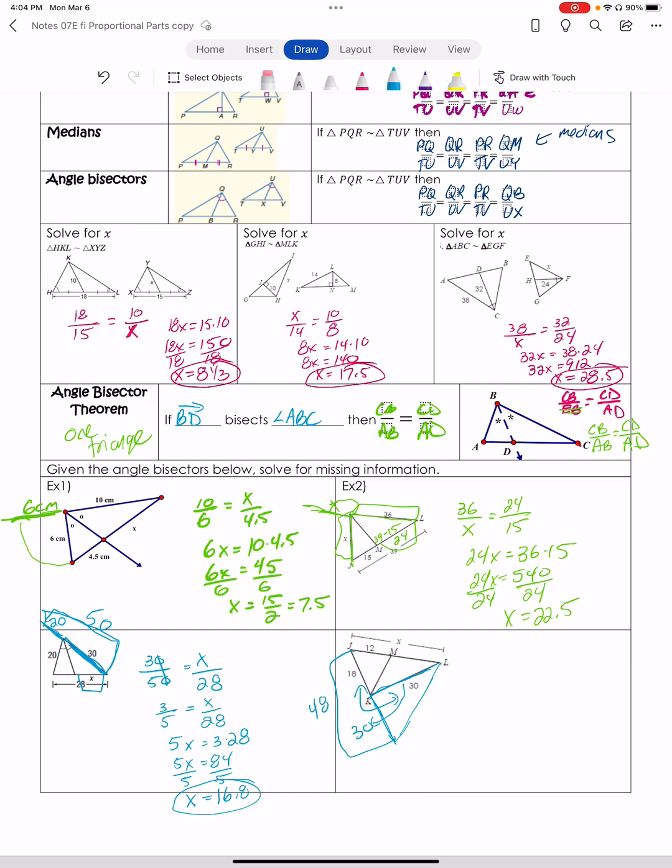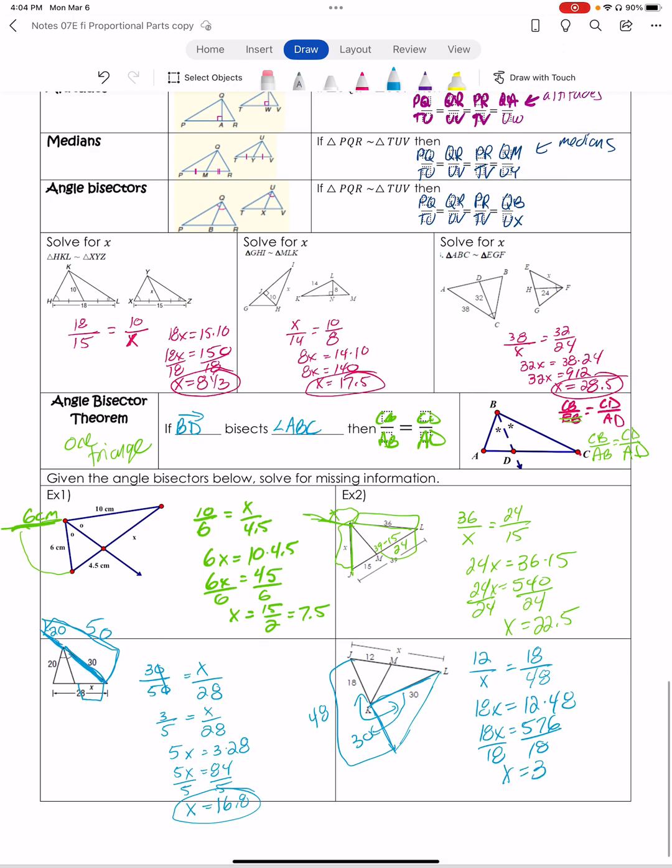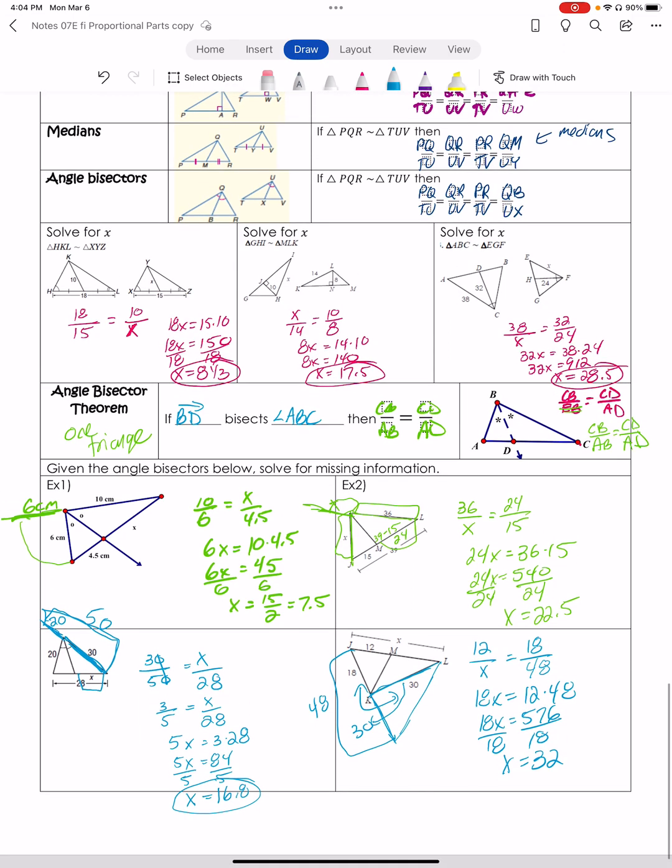All right, and so this is going to be 12 over x is equal to 18 over 48, which is 18x is equal to 12 times 48, which is 576. Divide by 18, divide by 18. X is 32. And that's about it for those notes. Hopefully this helped.